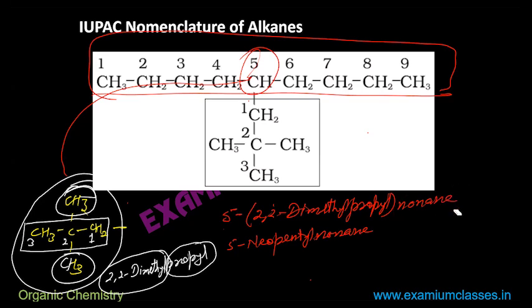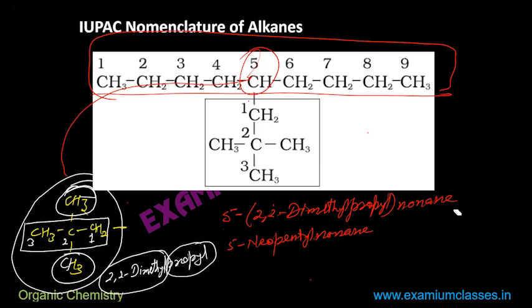Is there any confusion? Any point not clear? Let me know. So we put propyl because of 3 carbons, right? Yes, because in the root of the branch there are 3 carbons. And 2, 2 determine the position of the methyl groups and how many there are, right?